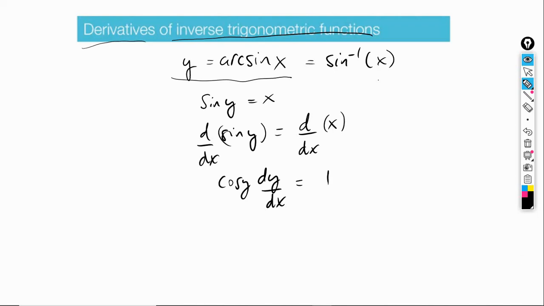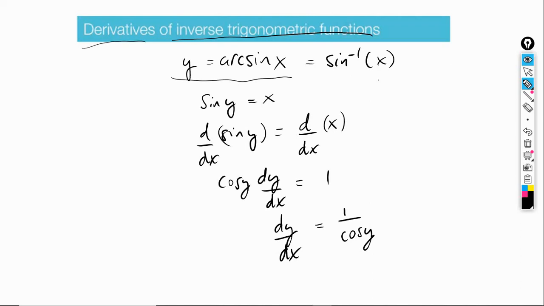Therefore, dy over dx, or the derivative of y, is equal to 1 over cosine of y. Okay, but the derivative of y, that means that we're doing the derivative of the arc sine, right?